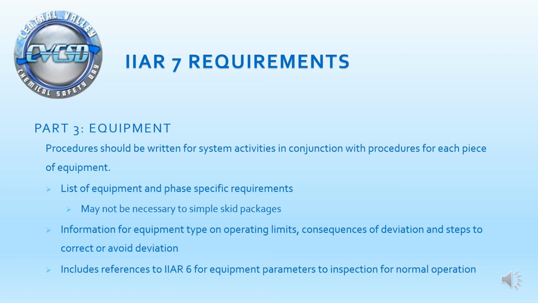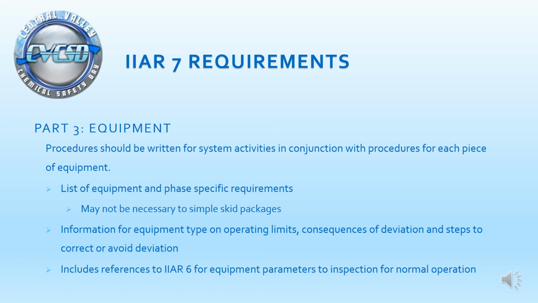So for compressors, it goes through which items should be included for initial startup, normal operation, emergency operation, emergency shutdown, and so on. Each of the individual equipment might not need procedures if it's a simple system.